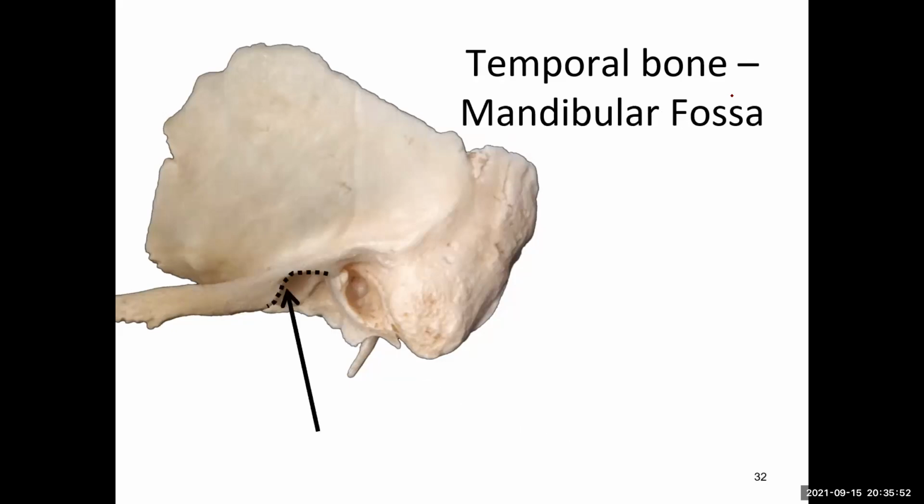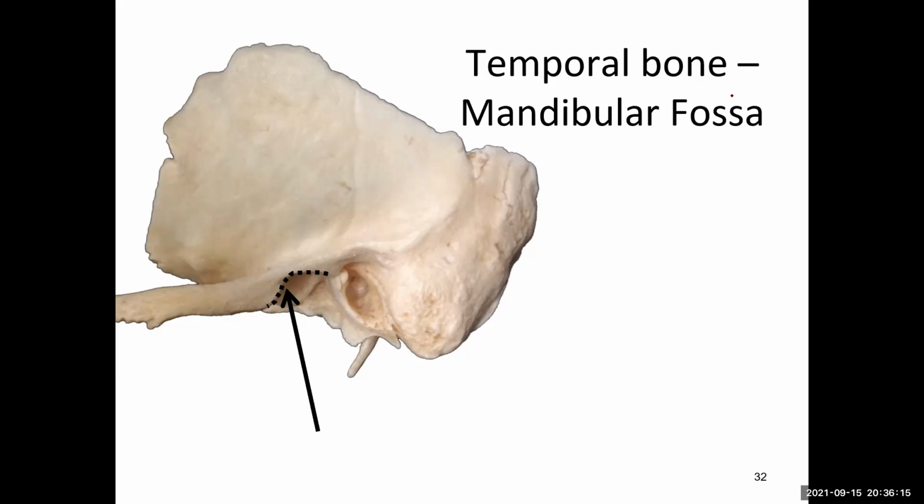All right, just anterior to the external auditory meatus is the mandibular fossa. Now, the mandibular fossa is a depression in the bone. So this mandibular fossa is going to form, with your mandible, your jaw, the temporomandibular joint.